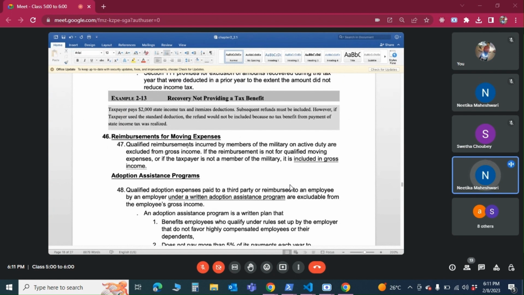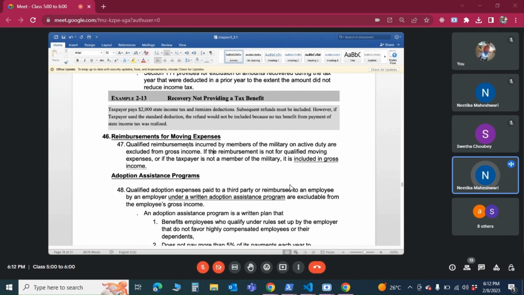Until the year 2017 or 18, there used to be a deduction for moving expenses when people were changing jobs and moving from one city to another, or even moving like 20 miles away from one place to the other, because of the change in the job.